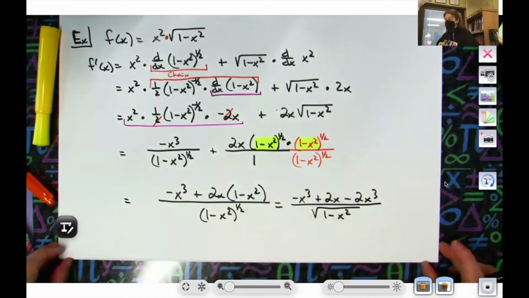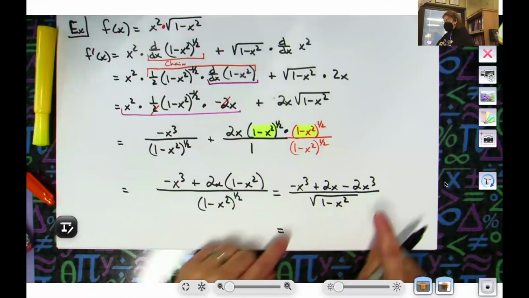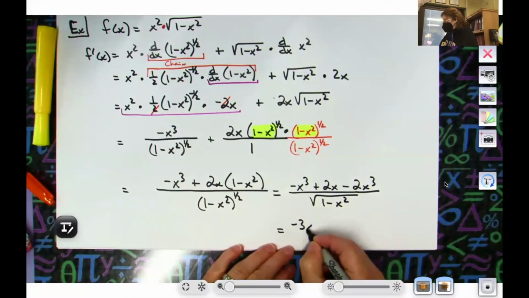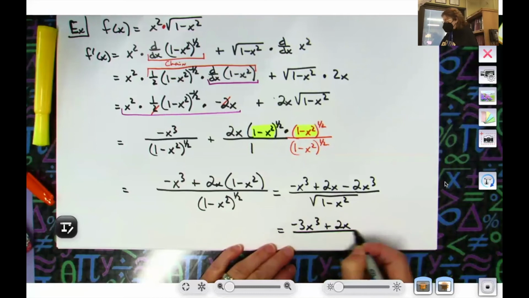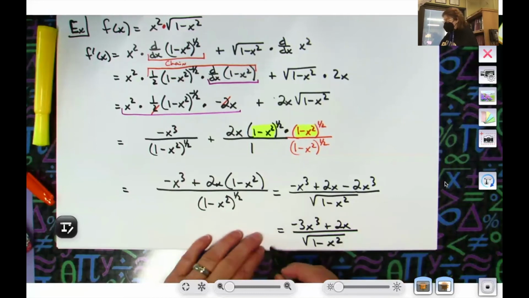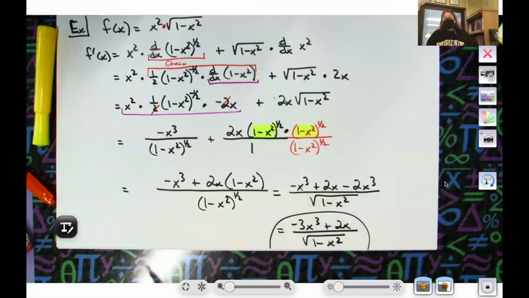Looks like I can simplify a little bit farther. Negative 1 minus 2, so minus 3x to the third plus 2x all over the square root of 1 minus x squared. There's no reason to factor out an x on top because I can't cross it out, so there's no point in factoring at that point.